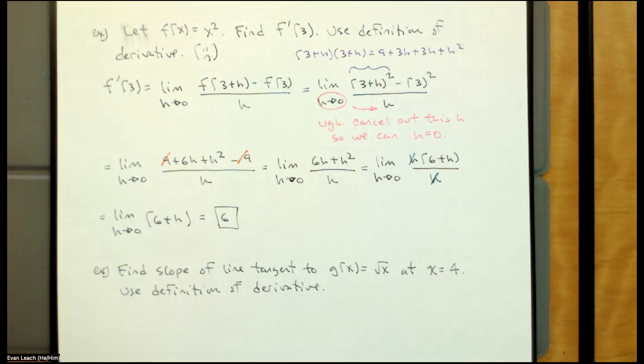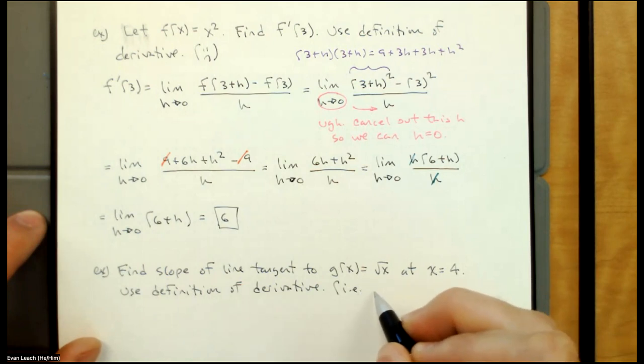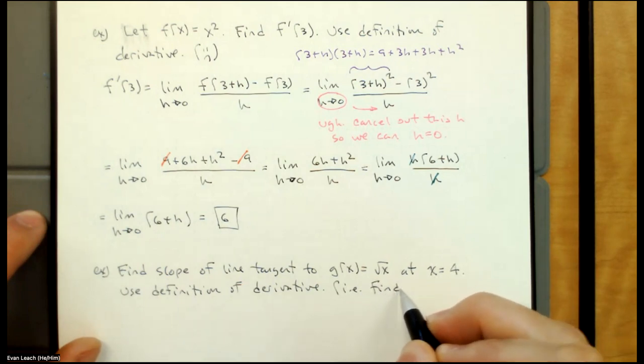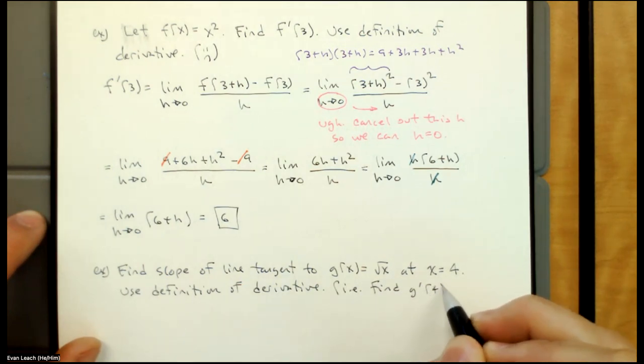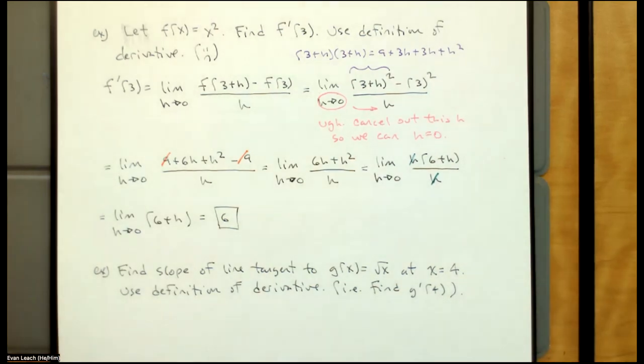Same question, new function, different point, but same question. I need to know g prime of 4. We're going to use the definition of the derivative because that's a tool that we have right now.